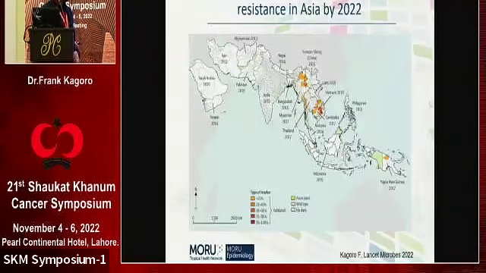I'll give you an example. So this is my own work, unfortunately. But the good thing I learned from this work, it was to map drug resistance for malaria in Asia.